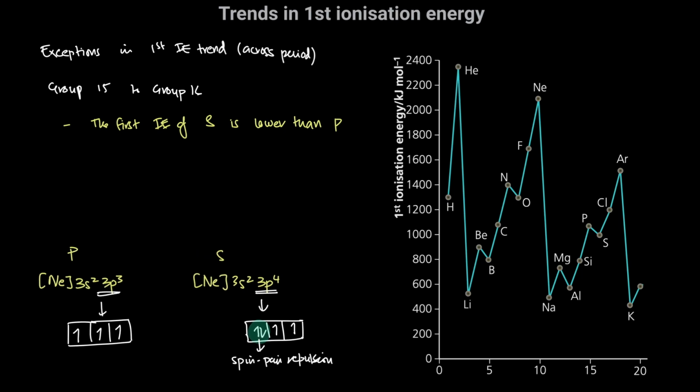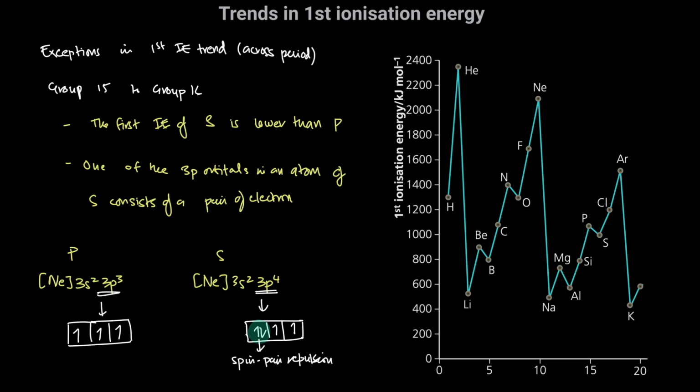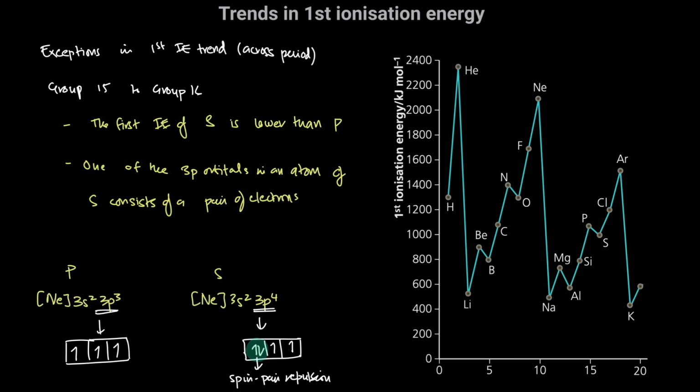So what we can say over here is that one of the 3p orbitals in an atom of sulfur consists of a pair of electrons, and because we have paired electrons in this 3p orbital, we can say therefore the outer electron experiences spin pair repulsion, or you can say electron-electron repulsion or inter-electronic repulsion. Hence, it's easier to remove.